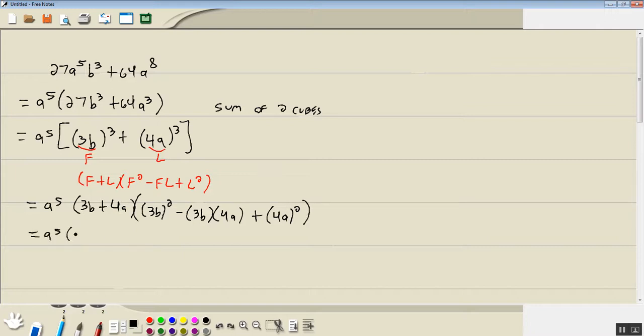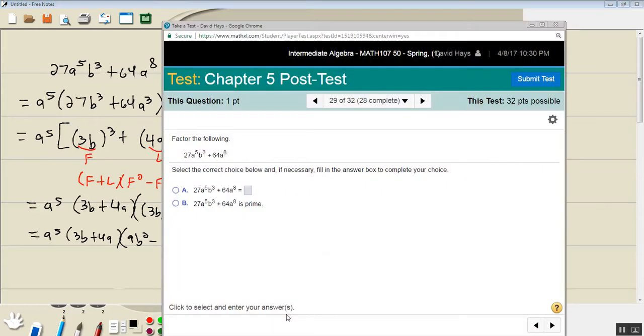So that gives us a to the 5th times 3b plus 4a. 3b squared. 3b times 3b gives us 9b squared. Minus 3 times 4 is 12, and b times a is ab. And 4a squared gives us 4a times 4a, which is 16a squared. So we don't get my a's messed up with 9s.